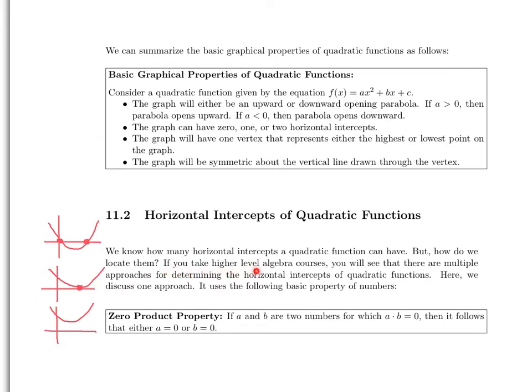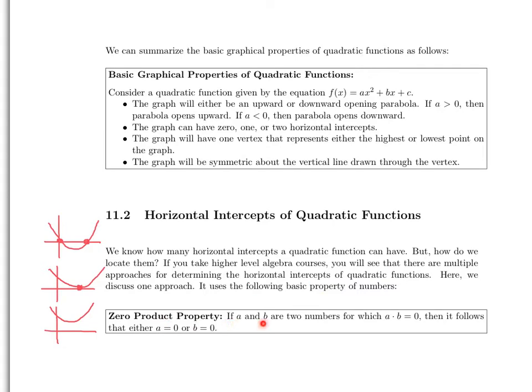If you take higher level algebra courses, you'll see that there are multiple approaches for determining horizontal intercepts of quadratic functions. Here, we are going to discuss one approach, and it uses the following basic property of numbers. It's called the zero product property, and this is what it says.